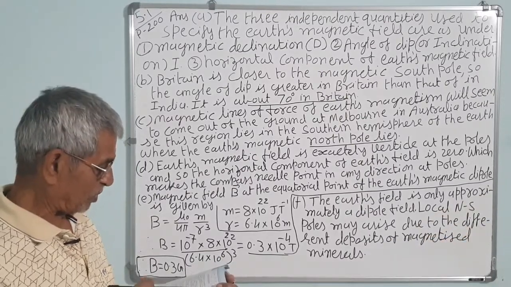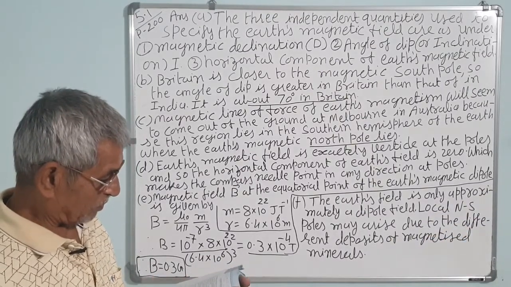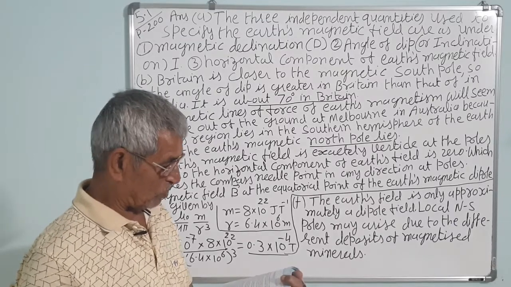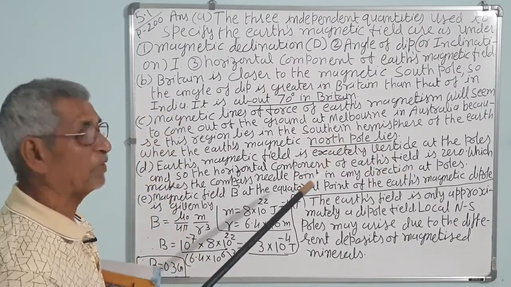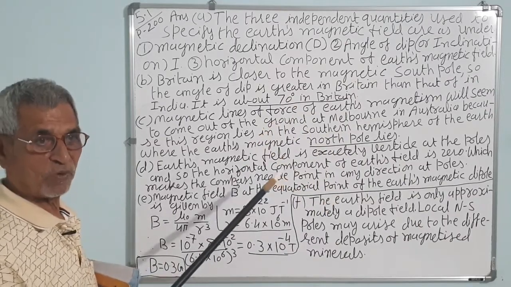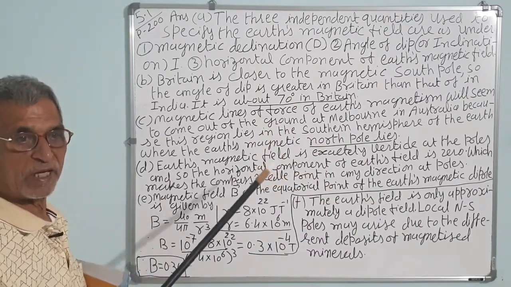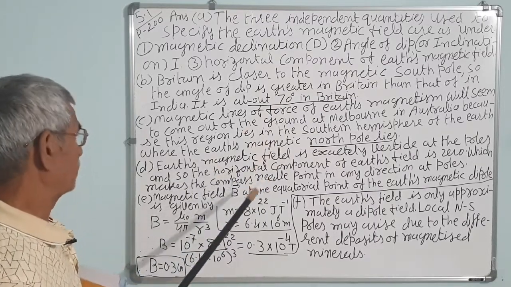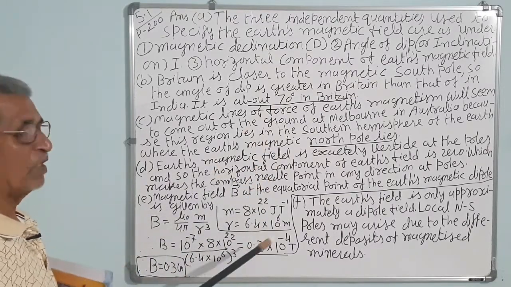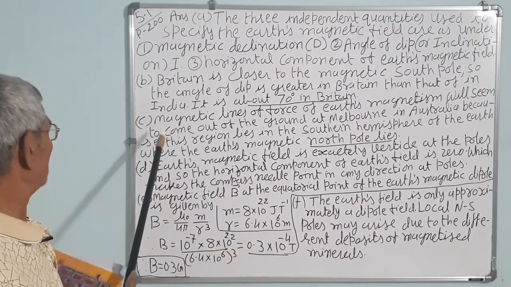Next, if you made a map of magnetic field lines at Melbourne in Australia, would the lines seem to go into the ground or come out of the ground? They will come out of the ground, because it is the southern hemisphere and the north pole of earth magnetism is situated in the geographical south. So, they will emanate from the north pole and converge at the south pole.